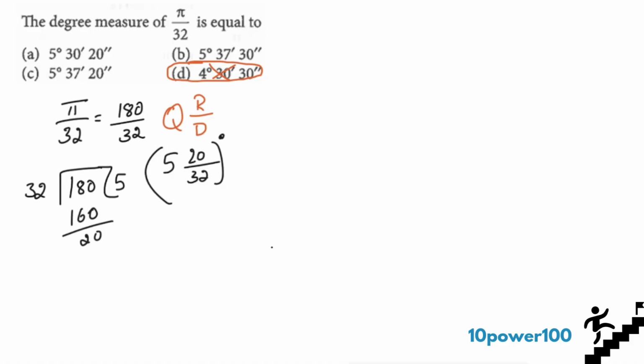Since we all know that 1 degree is equal to 60 minutes, now we have to calculate 20 by 32 degree. 20 by 32 degree is equal to what, x minutes? Now if we cross multiply, x minutes is equal to 60 into 20 by 32.